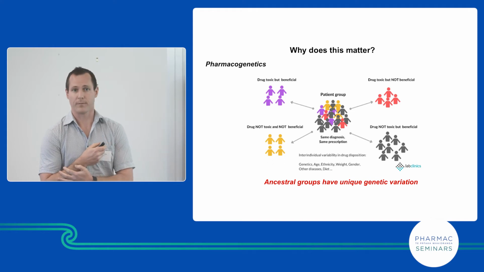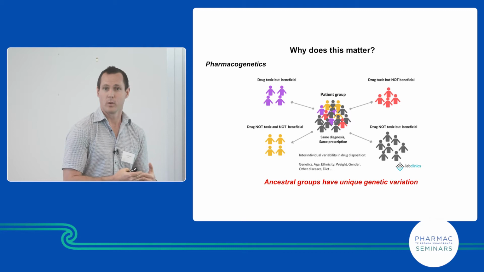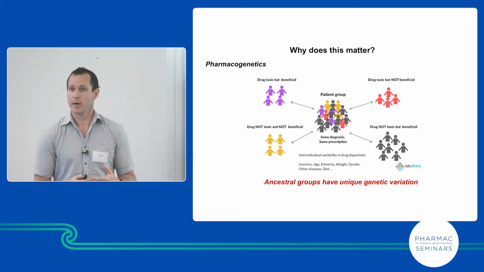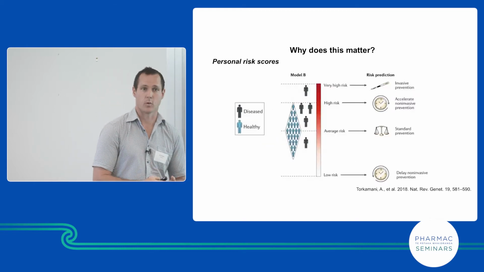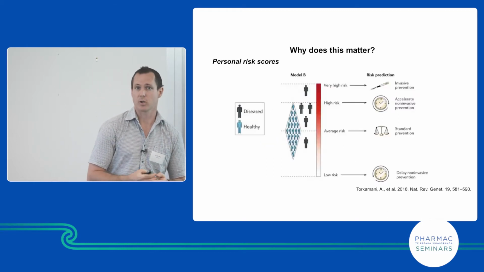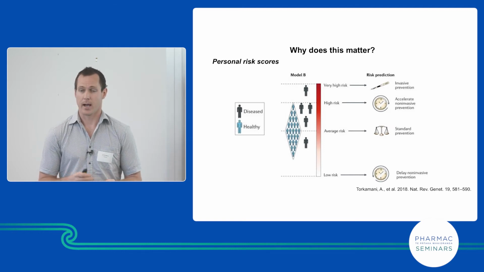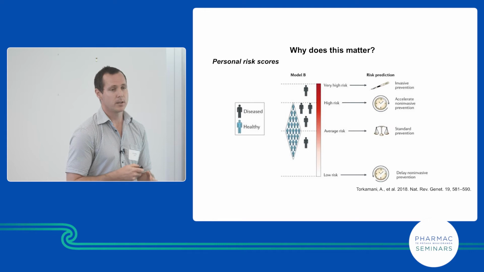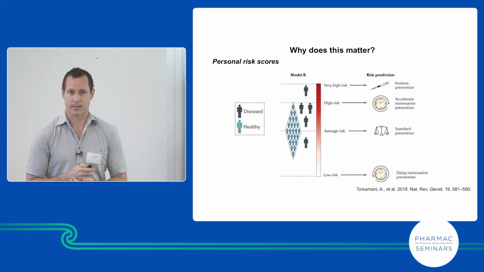So we can talk about pharmacogenetics, where we've got drugs that might work better with people with different genetic backgrounds, drugs that could be avoided. There's also things called personal risk scores that are being developed. And these are on top of standard clinical measures like BMI, blood pressure, heart rate, and things like that, that can be used to estimate an individual's risk of developing this disease.